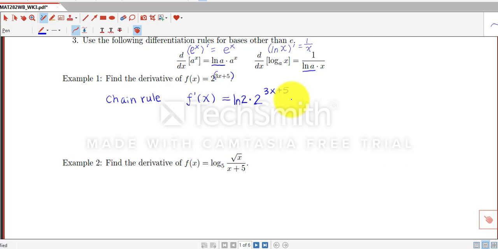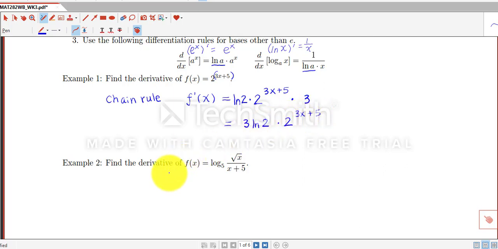Then because of the chain rule, we need to multiply by the derivative of the inner function, which is 3. So to simplify, the derivative will equal 3 ln of 2 times 2 to the 3x plus 5 power.